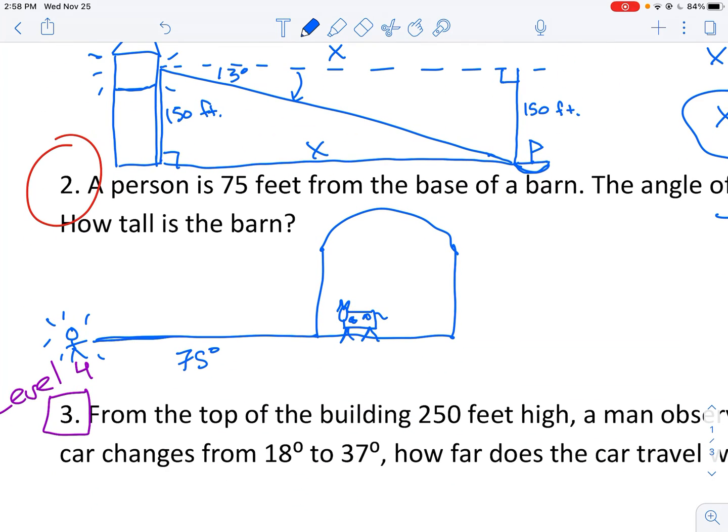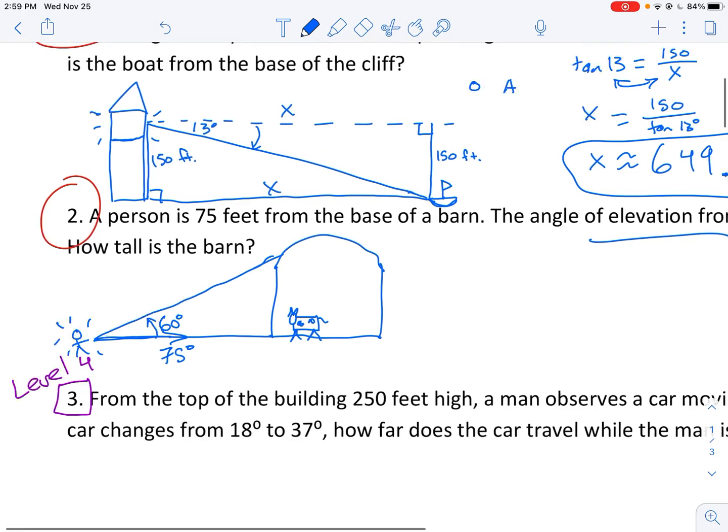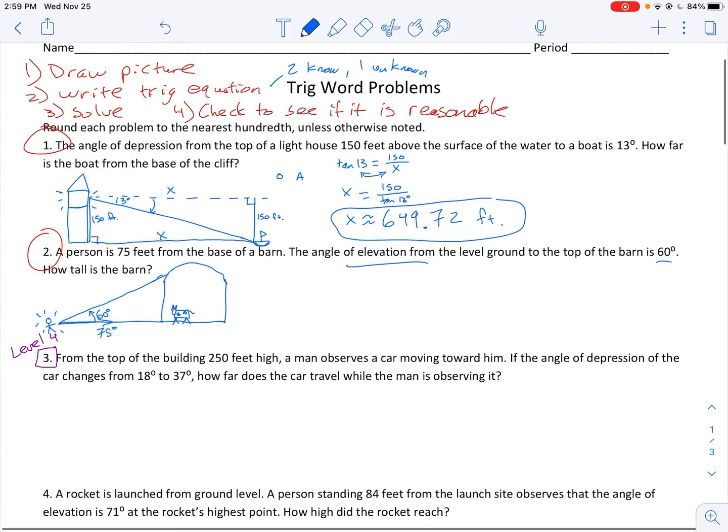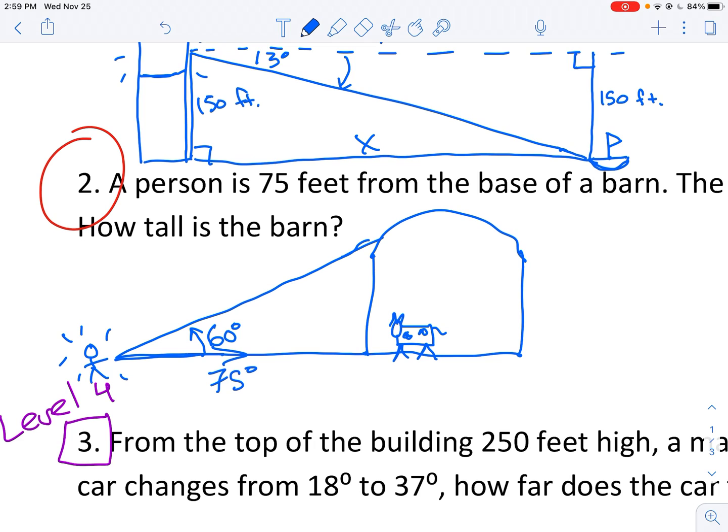So if you're looking horizontally here and you go up 60 degrees, you'll find the top of the barn. So this is actually 60 degrees, and that sets it up quite nicely. Well, there's our setup. And you need to figure out how tall this barn is.